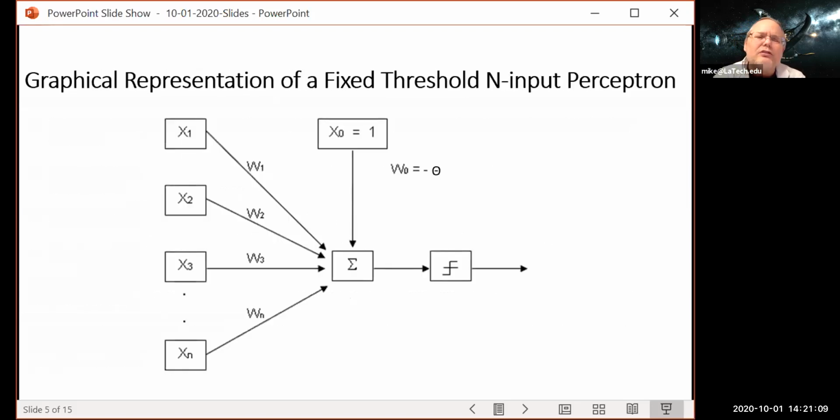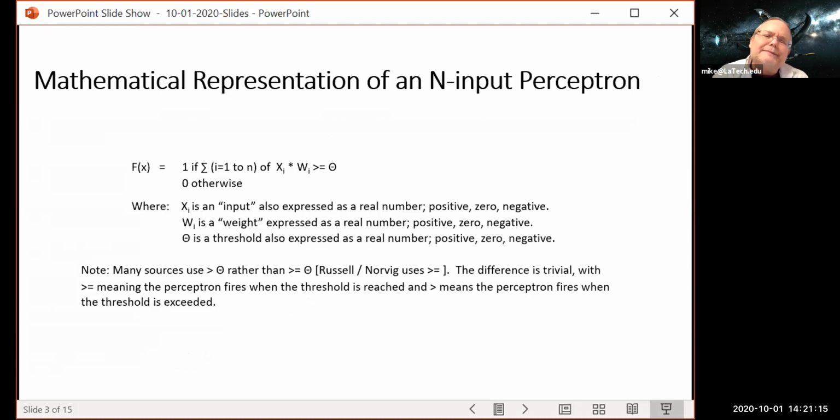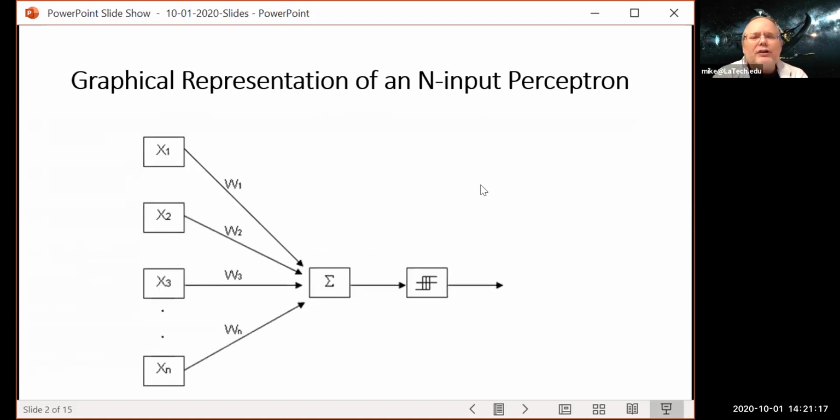Now, before we get to the learning rule, there's one thing that we want to change. If you look at the model that we began with, and ask yourself, what does this perceptron actually know?